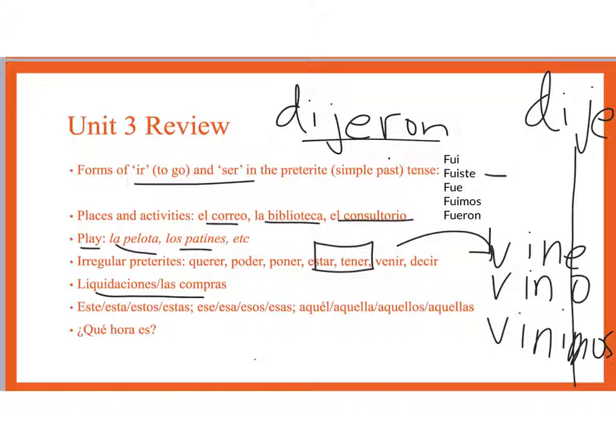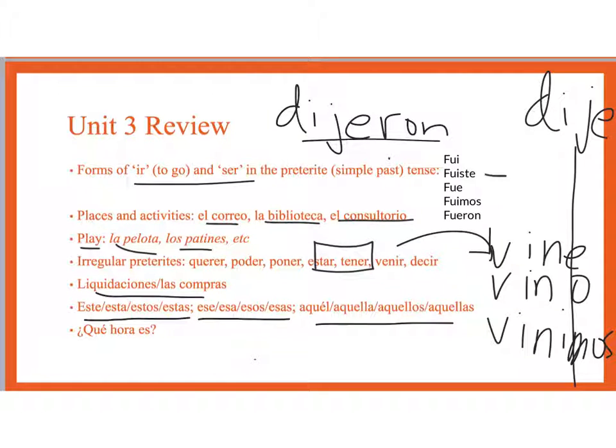So este, esta, estos, and estas are this one right here, are these right here, right? It's this or these. Ese, esa, esos, and esas means that one over there or those over there. All right, so remember there's 4 because they're masculine, feminine, singular, and plural. And then aquel, aquella, aquellos, and aquellas means those way over there that are far from the person you're talking to as well.